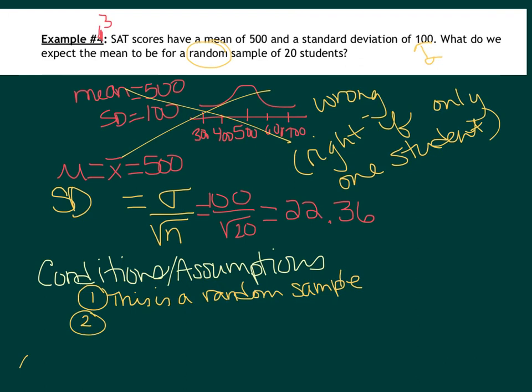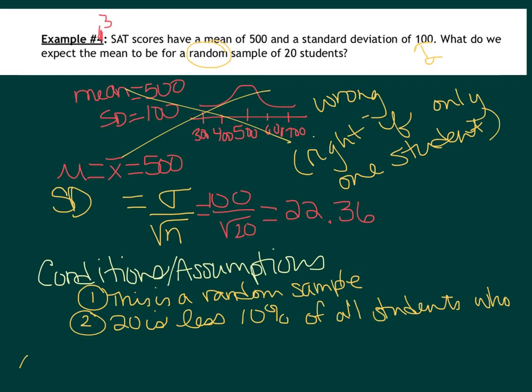The next thing that we know is that 20 is going to be less than 10% of all students who took the SAT. The last one is we're going to assume that these students are independent.